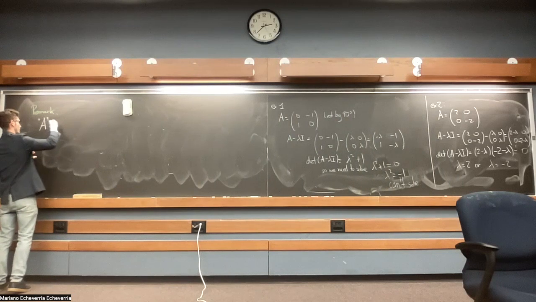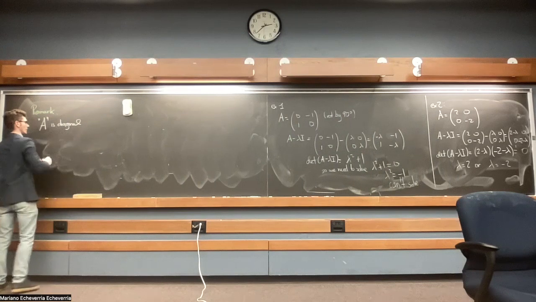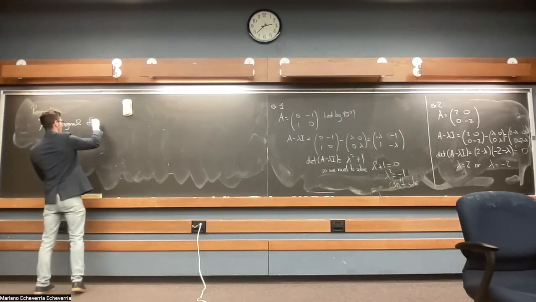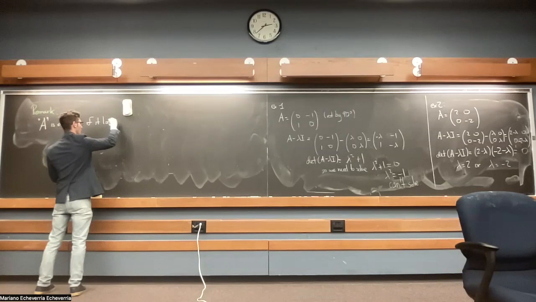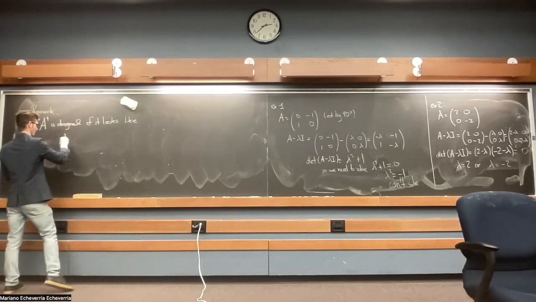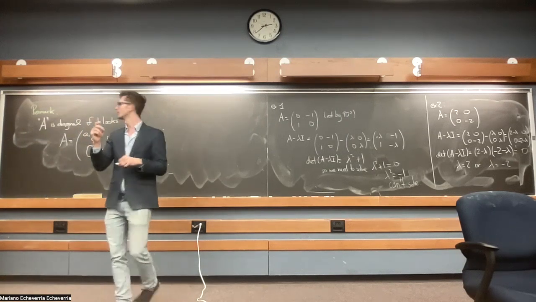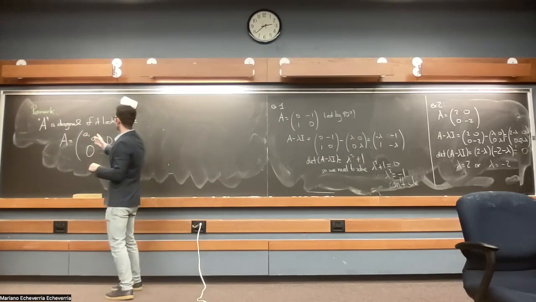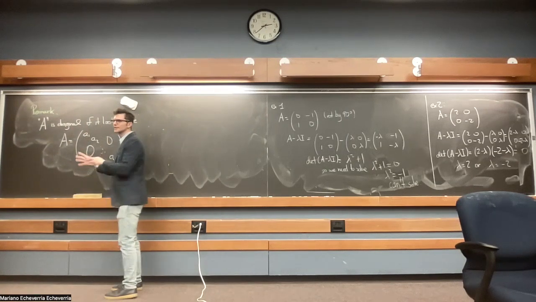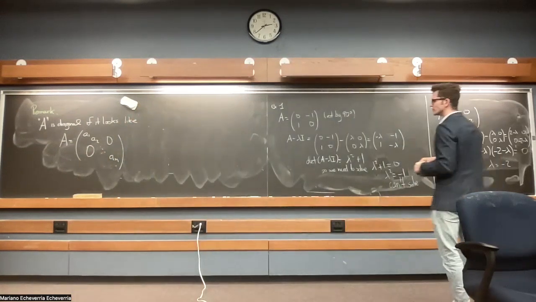If A is diagonal, I just mean that there are some numbers along the diagonal, and outside the diagonal there are zeros everywhere.